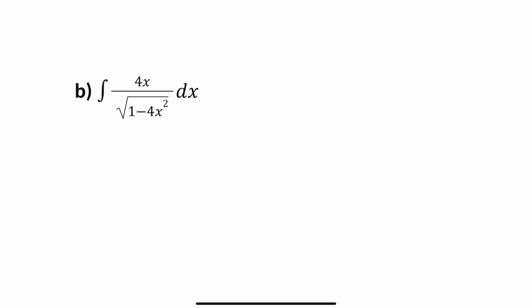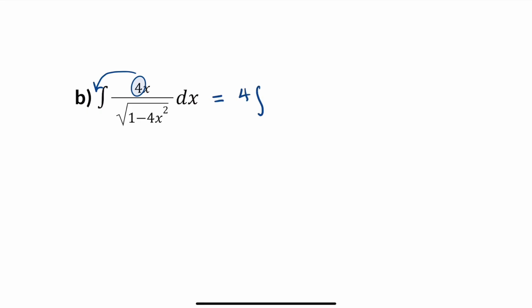Now moving on to part B, this one is a bit more complicated because we have an x term in the numerator. So even if I pulled this 4 out in front, I would still have this x in the numerator, which is going to cause some issues, obviously. So for now, let's just pull the constant out in front.